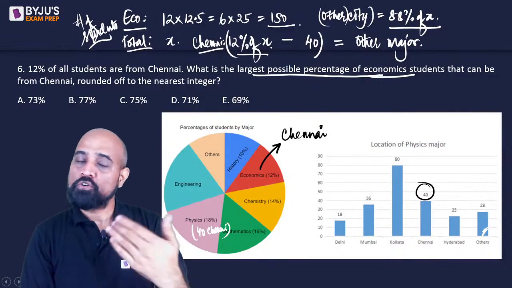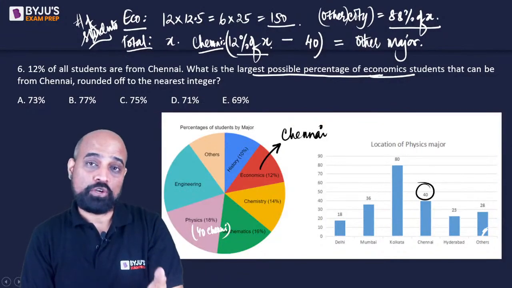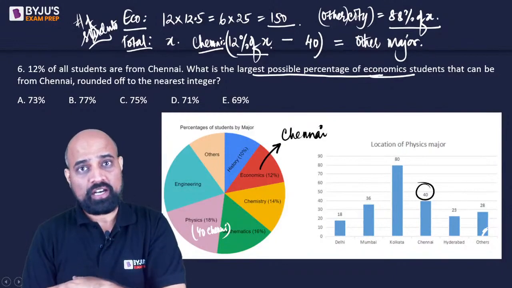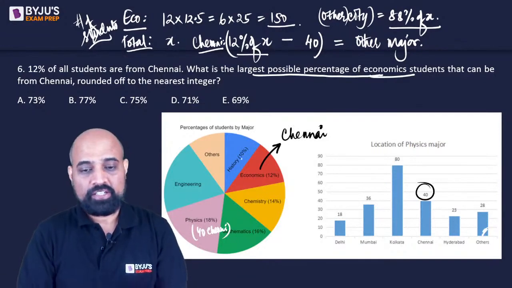Once I figure out how many non-Chennai students will go in economics, the leftover are going to be Chennai students in economics, right?